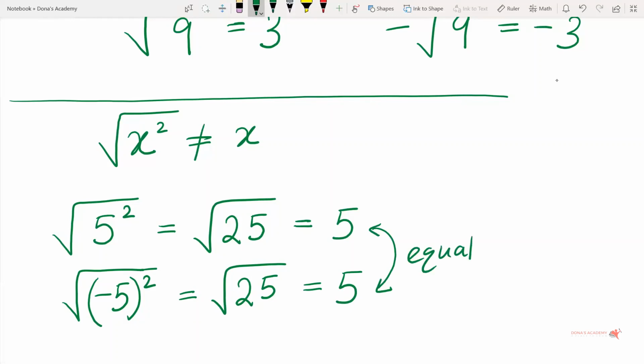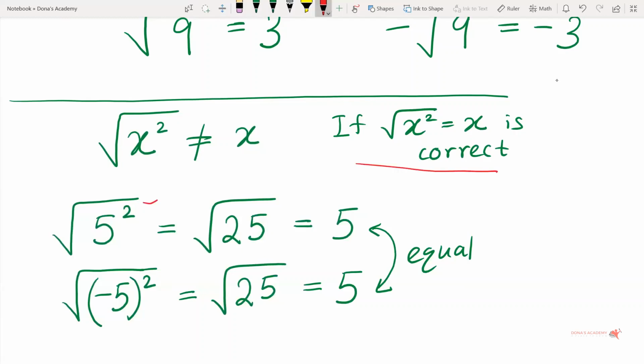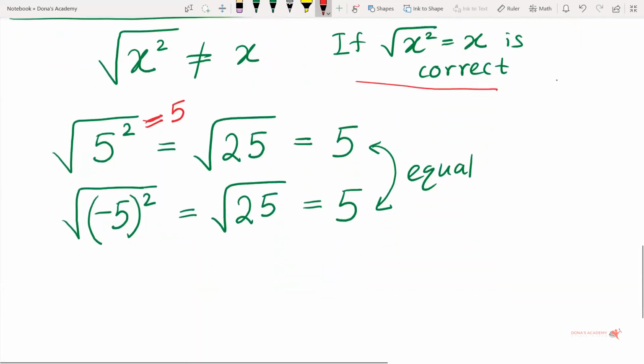However, if this one is correct, what is happening to the first one? According to this, this one is positive 5. How about the second one? Here x is negative 5, not positive 5.